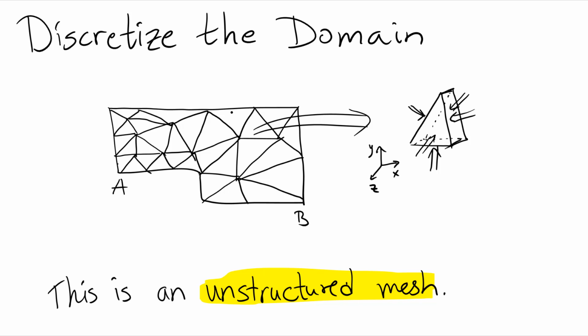The difficulty in this case is that there is no logical structure to what cell numbers are connected to this cell. Okay, we can see that it's these 3 cells, but we don't easily know what numbers they have. So we need some form of list in our computer program to determine what cells are connected to what cells.